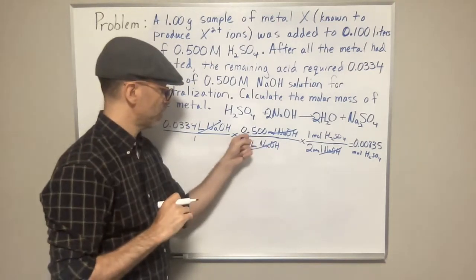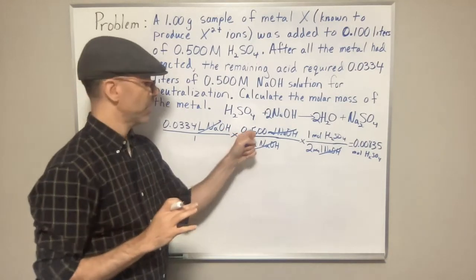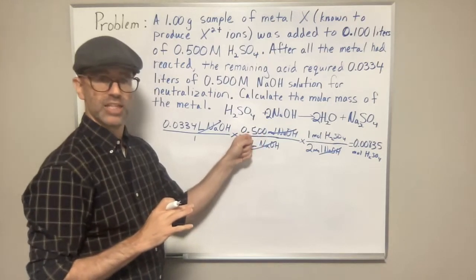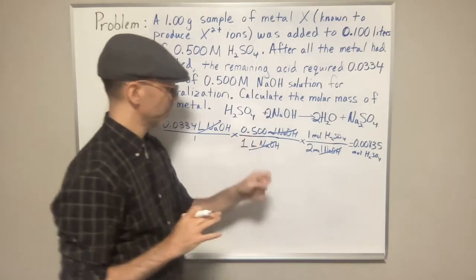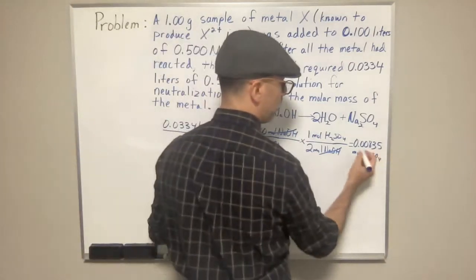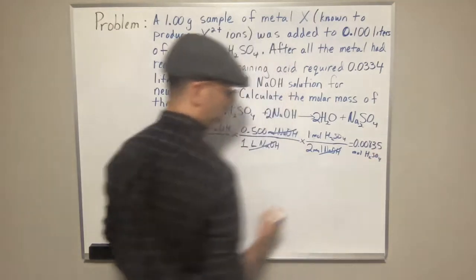Here I have 3 sig figs. The 0 in front is never significant. These 2 zeros are significant because I have a decimal point. So that's 3, and this is exact. So my answer should have 3 sig figs, which is what I have here. So I'm good.